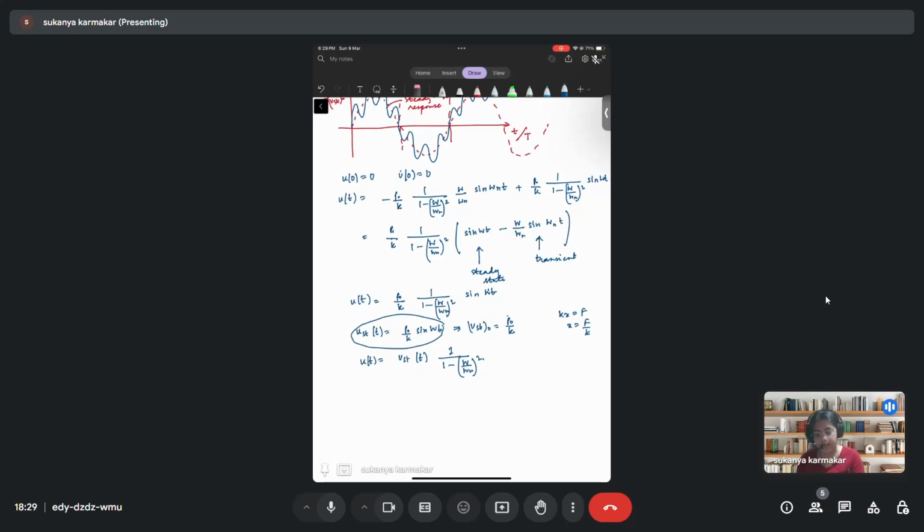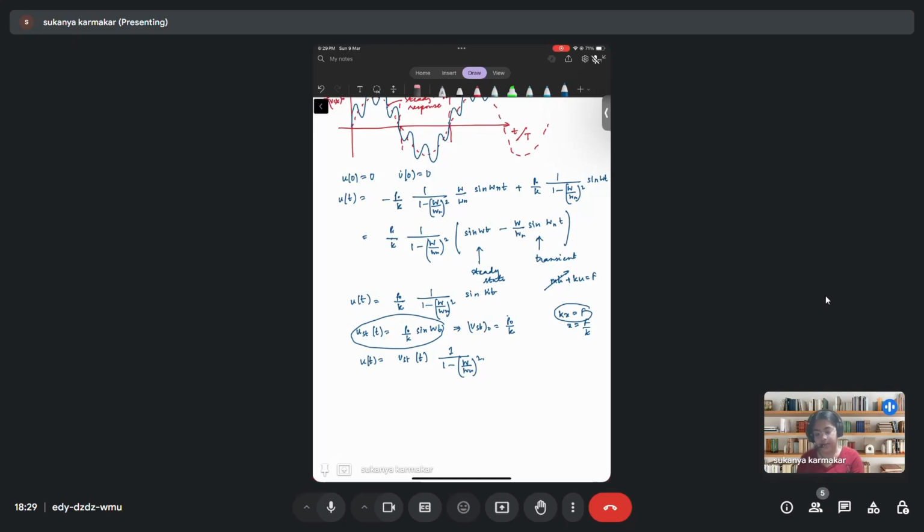Can we write k times x is equal to f? When is this valid? This is valid when we don't consider inertial effects in our system. In the equation of motion, m u double dot plus k u is equal to f, suppose I don't consider inertial effects, that is the force developed due to inertia, then this term will go to zero. So the same thing I'm writing here, that u is equal to f by k.